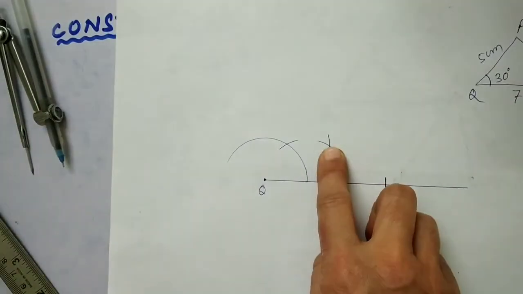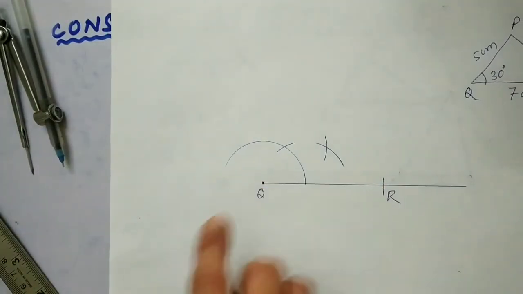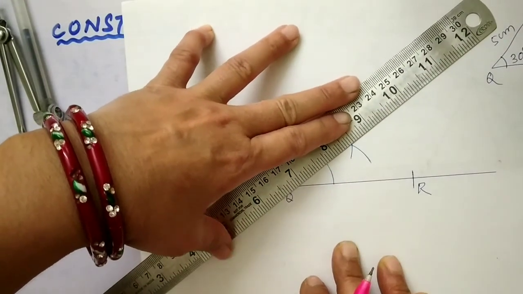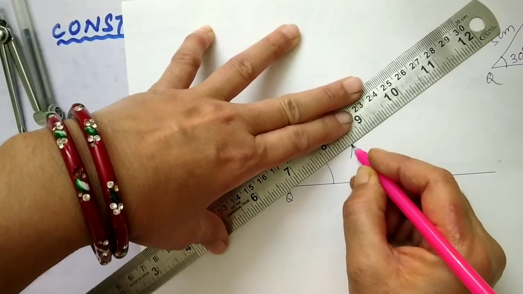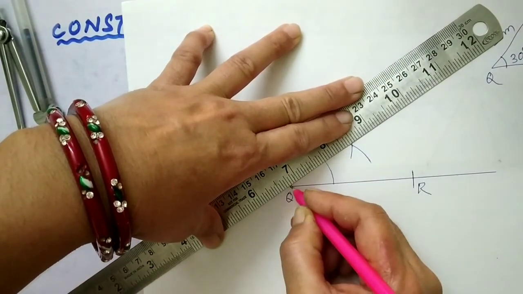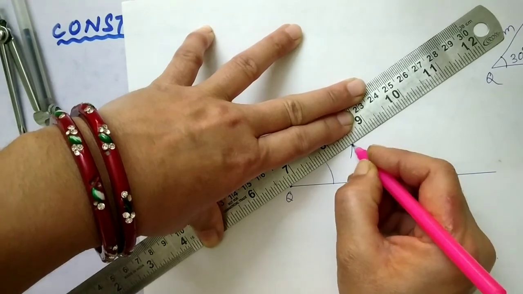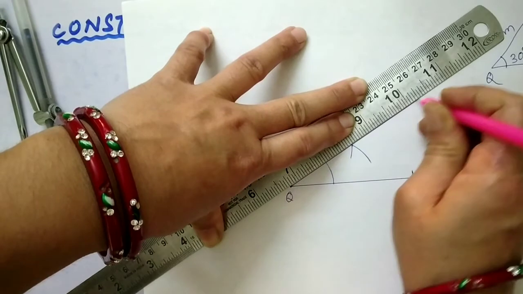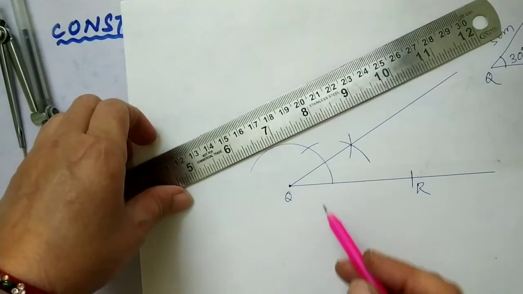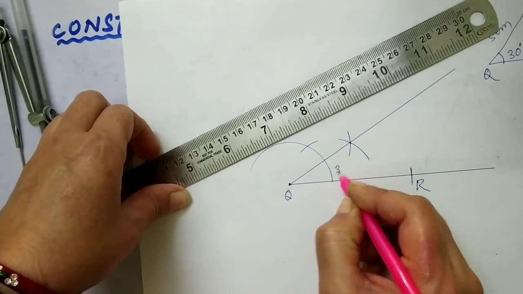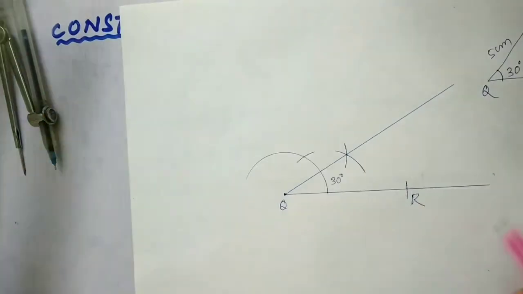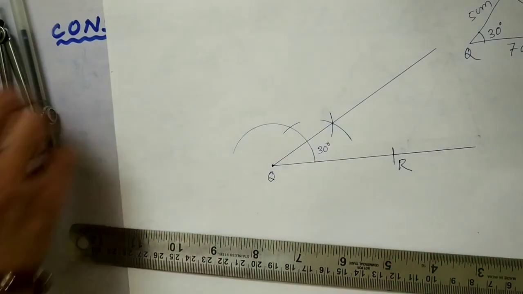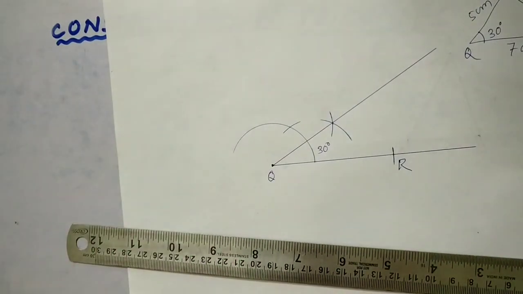Now this intersecting point and this Q point, if we are joining, then we get 30 degree. While joining, just check 2 times, 3 times, then you join these 2 points. Now we are getting 30 degree here. Now we have to find point P. How to find point P?